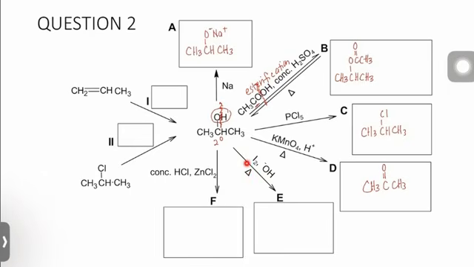Okay, so when you see this reagent, iodine and OH, this is the iodoform test. This reagent is for iodoform test. So remember, iodoform is to identify the presence of methyl carbinol compound.